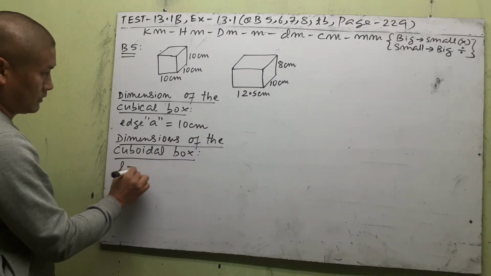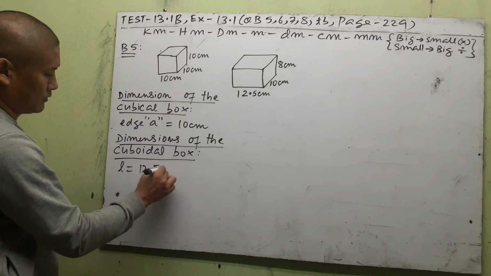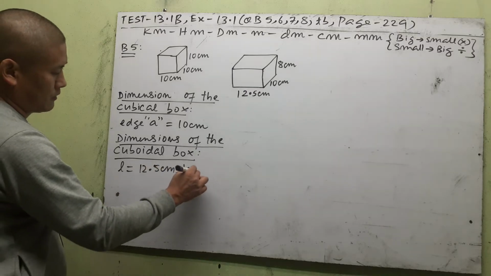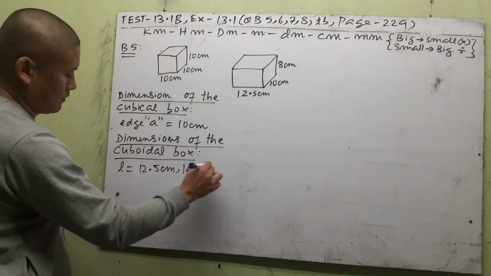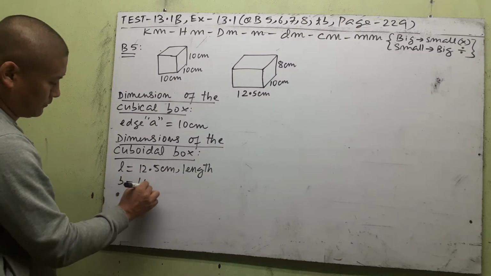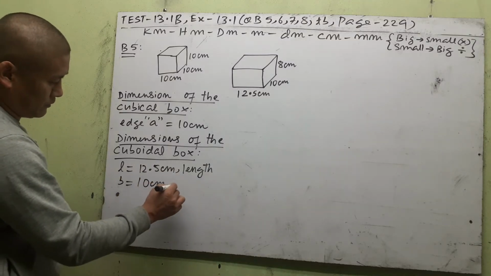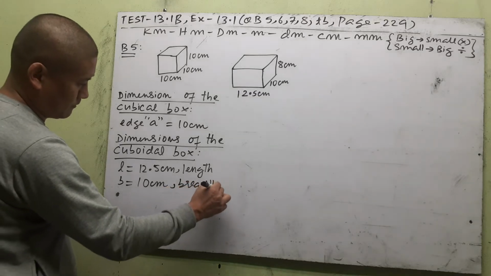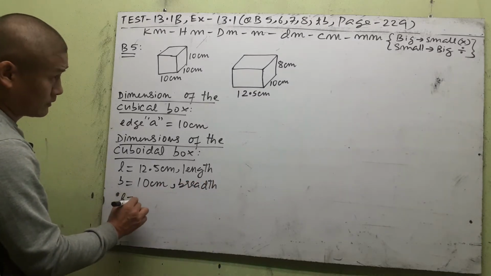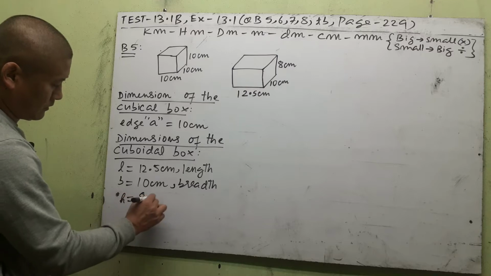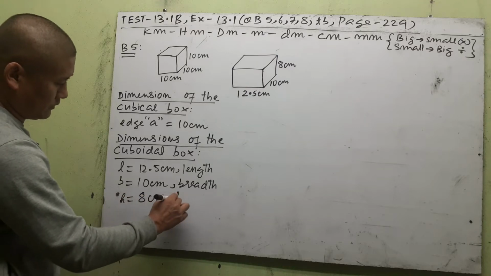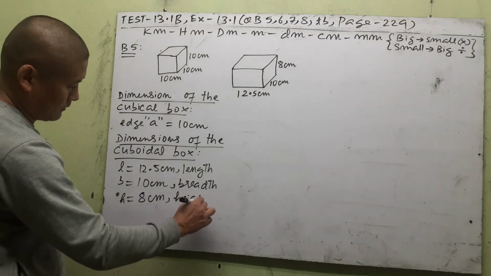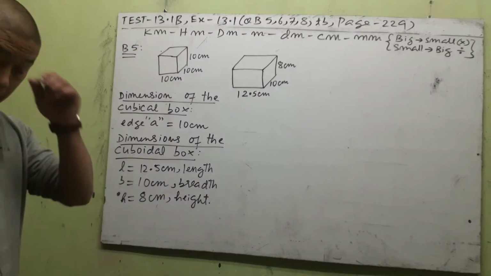Its length is 12.5 centimeter long. Its breadth is 10 centimeter long. And its height is 8 centimeters. So this is the height. Right.